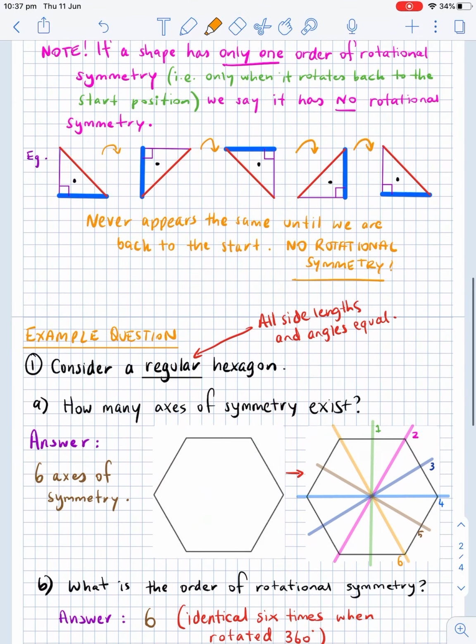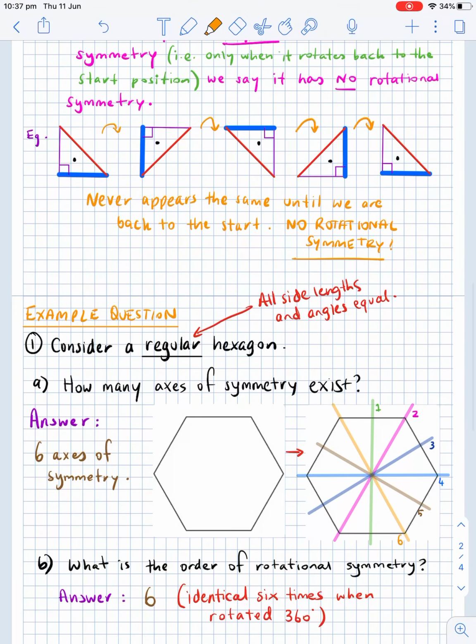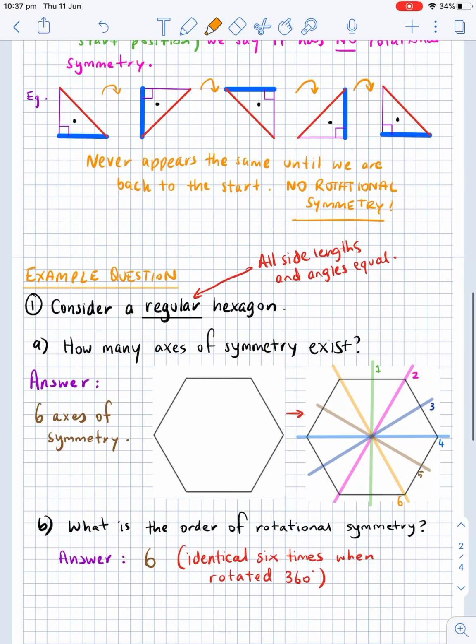Okay, let's do an example question. Consider a regular hexagon. Regular means that all side lengths and angles are equal. First question is, how many axes of symmetry exist? Here's our regular hexagon. I can cut this in half like that, and that's going to be an axis of symmetry. You get two perfect halves.